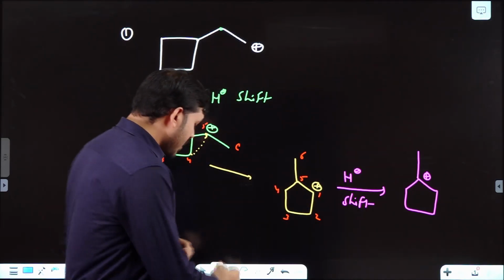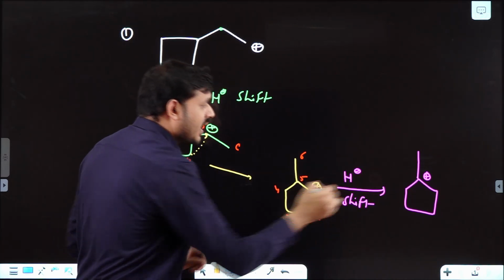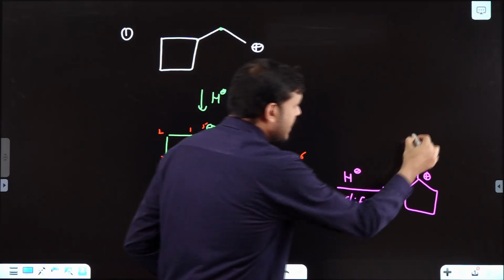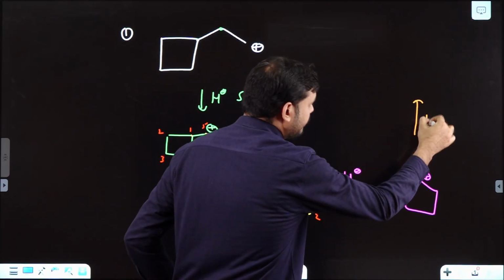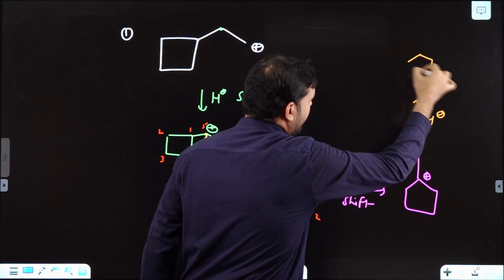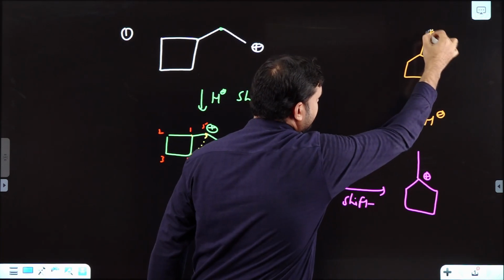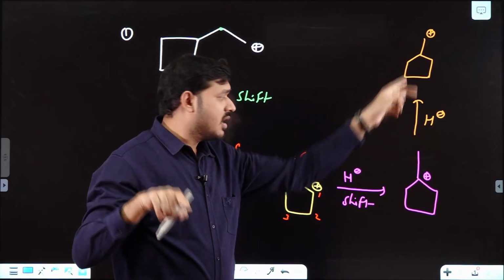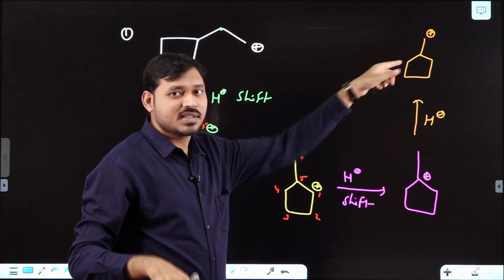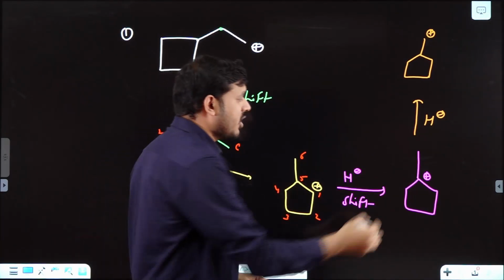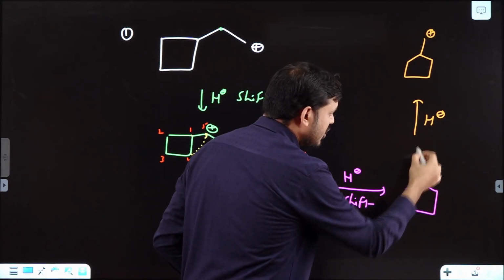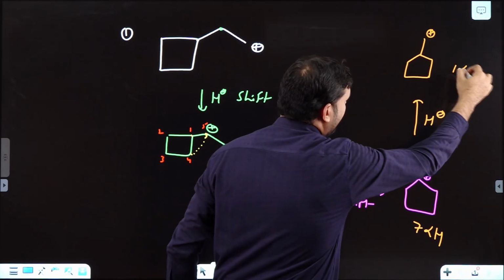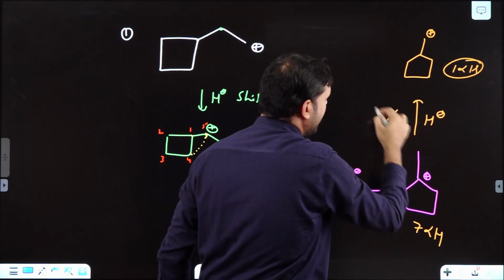So listen, in every step you need to get the more stable form, then only rearrangement will occur. Suppose if I make again hydride shifting H minus, what you will get? Plus charge here. In this case, ring expansion is possible, but from this to this, such rearrangement is not possible because this is more stable, having 2 plus 2 plus 2, 3, 7 alpha H, and here it is having 1 alpha H. So this is not possible.